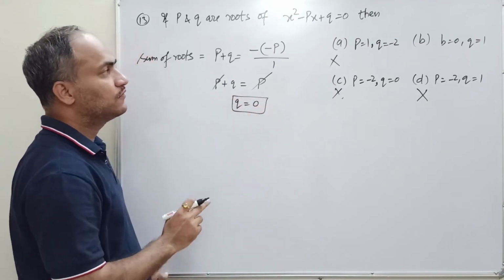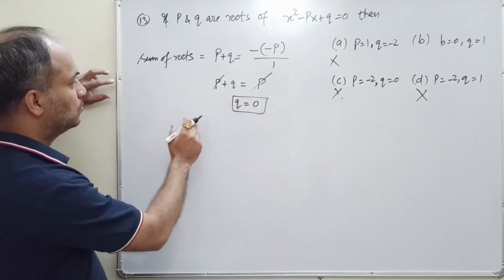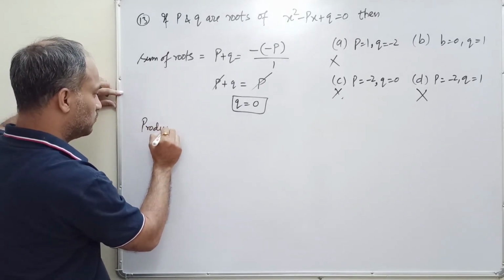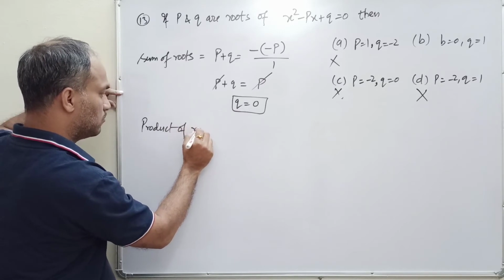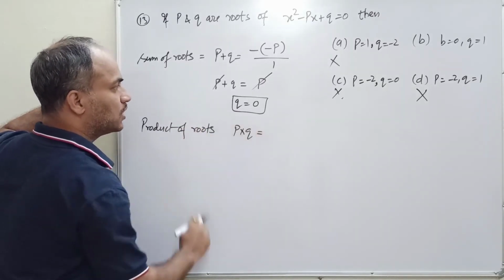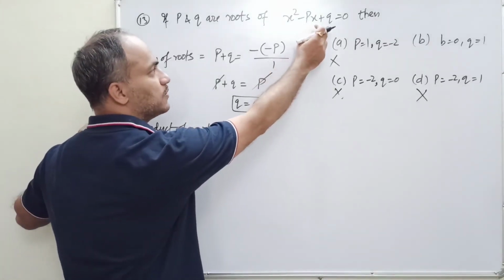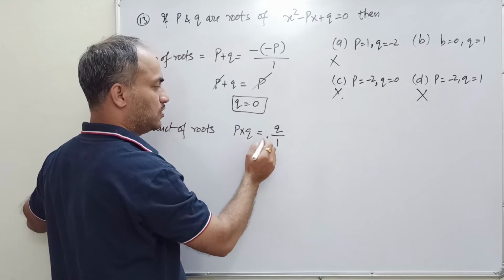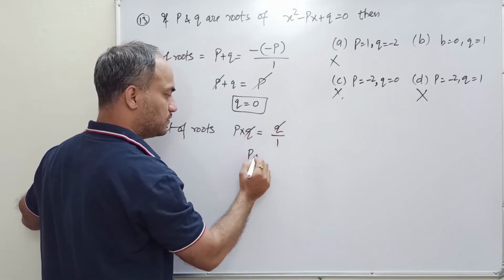Fine. When q is equal to 0, then we apply the product of roots. This will be p into q. How much? This is equal to c upon a, q upon 1. So q cancels. So p is equal to 1.